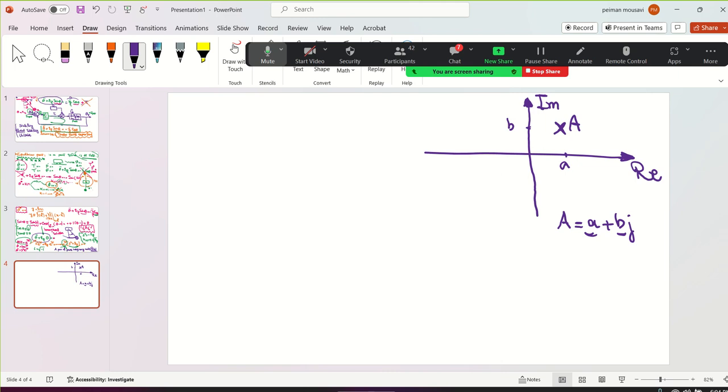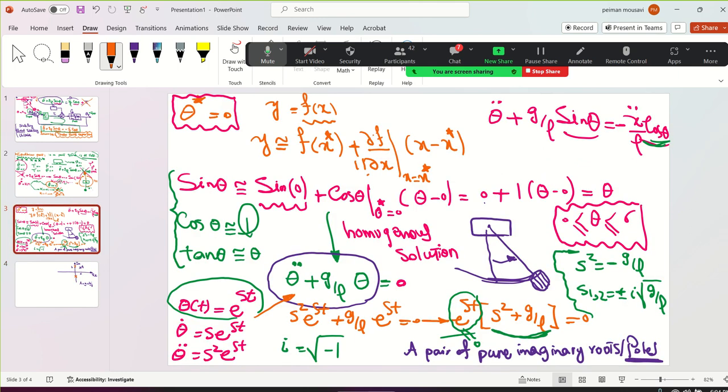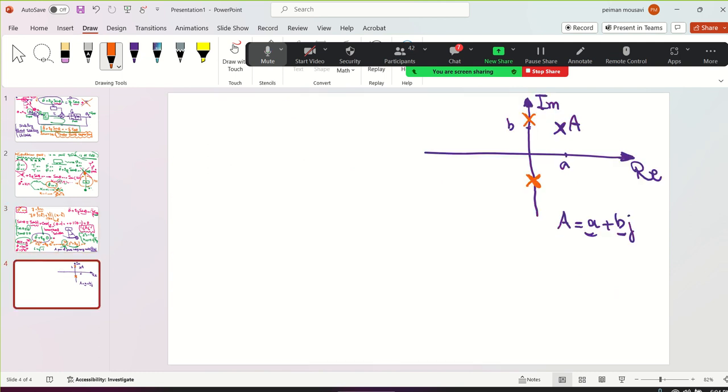So now you have a pair of pure imaginary roots, or poles of the system, on the imaginary axis. See here, on the imaginary axis only. Here is plus root g over L, and here is minus root g over L, on the imaginary axis.